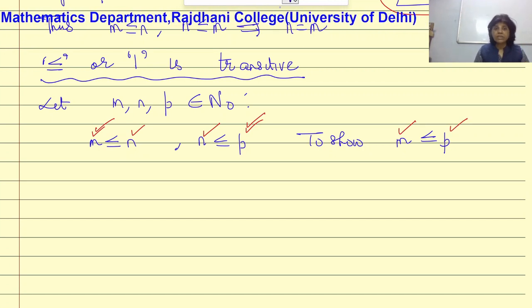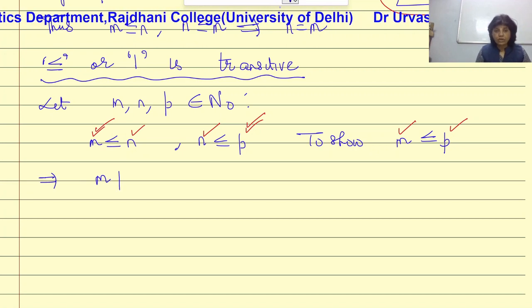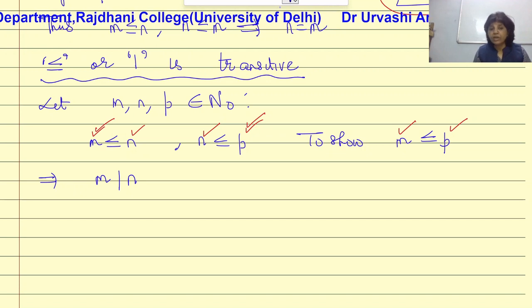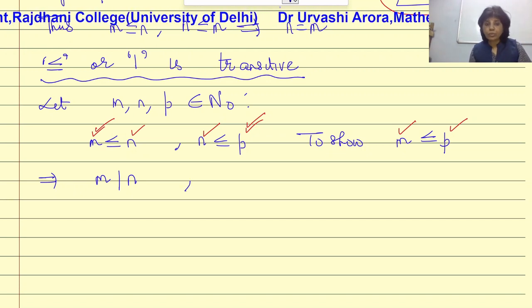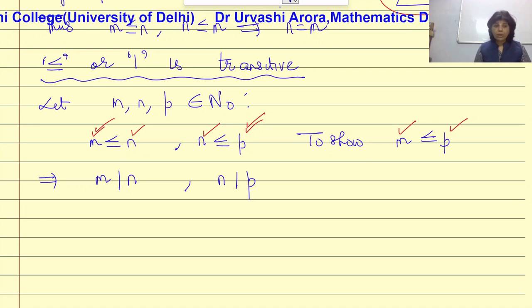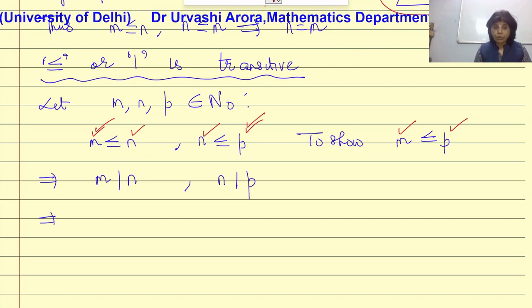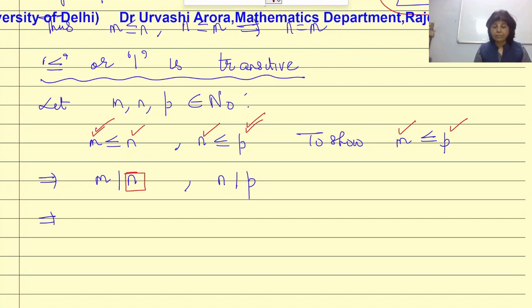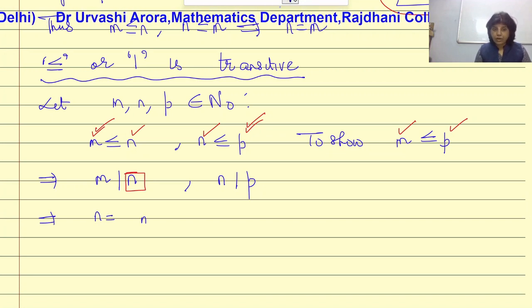So we are supposing that m is related to n. Because we are supposing m is related to n, in our notation this means that m divides n, because divisibility is the relation that we are considering. Again, we are also supposing that n is related to p, which in our notation means n divides p. So because m divides n, I should be able to write this particular n, which I am enclosing in a box, as something into m.